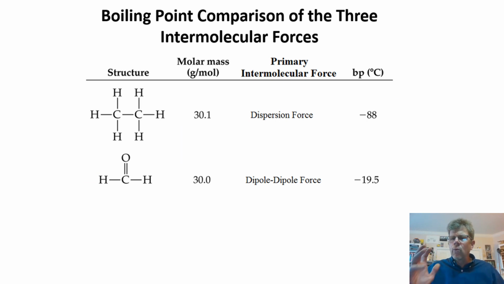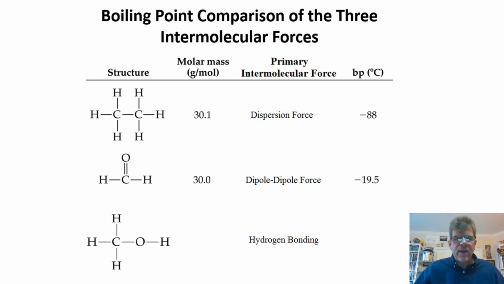Well, let's now bring in a representative molecule which bears hydrogen bonding. In this case, I know this molecule has hydrogen bonding as its primary intermolecular force because we have an OH covalent bond on it. It could have an NH covalent bond on it, and that would also bear hydrogen bonding.